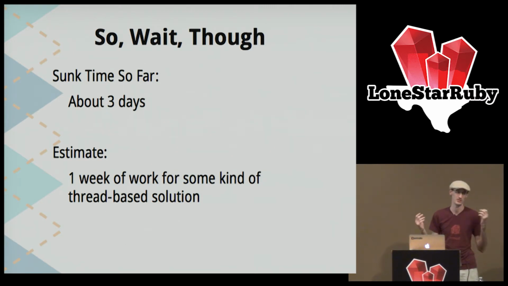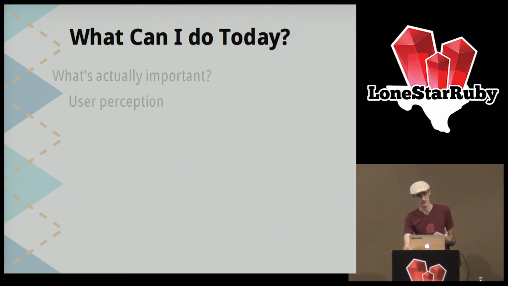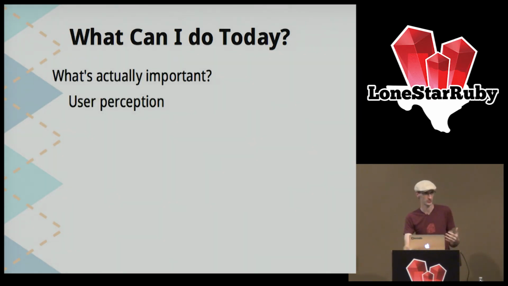So maybe it would take a week to learn and then do something with it. But I wondered if there's something I could do today that would be good enough. So I took a step back and started thinking, what is actually important here?